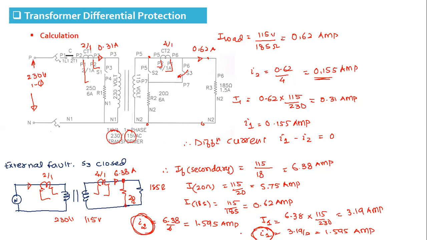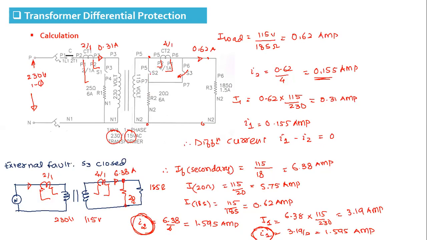But if we calculate the percentage bias, still it will be 0, because I1 minus I2 upon I1 plus I2 by 2 will still be 0. So third, when we close switch S2, let me write the percentage bias here.